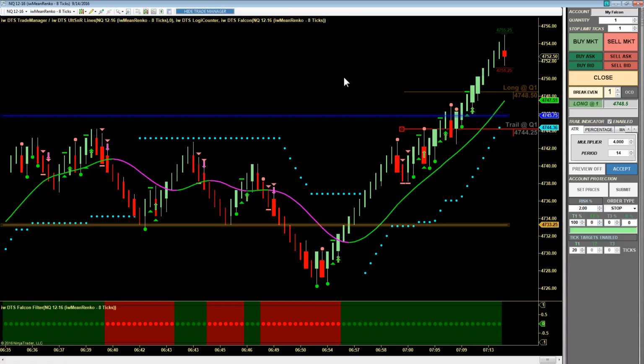The problem is the markets don't tend to move an equal number of ticks. In other words, if the E-mini moves 10 ticks, that does not mean the Nasdaq moves 10 ticks. However, they do tend to move more or less an equal dollar amount, which means if the E-mini moves $100, then the Nasdaq will also move approximately $100.